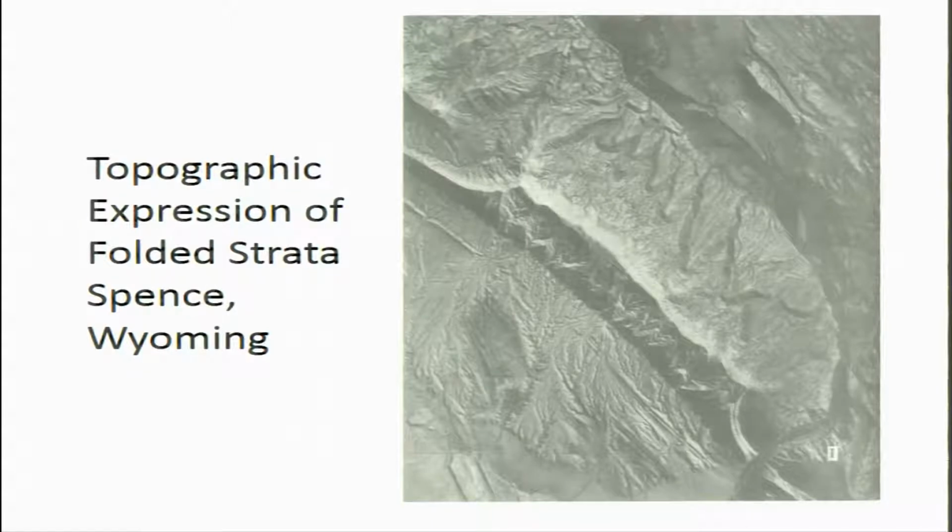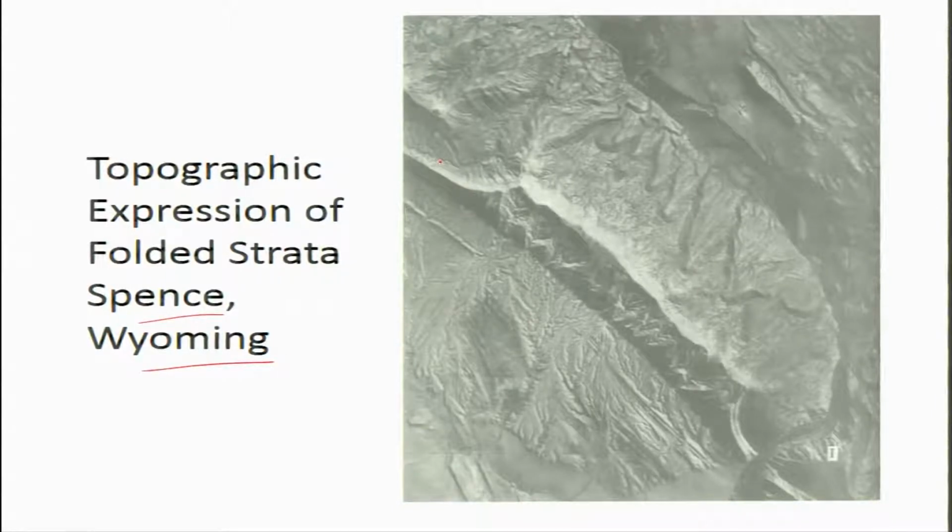So, let's look at some folded terrains on black and white or gray scale aerial photographs. Here you can see that this topographic expression is showing the folded strata. This is from the Spence.